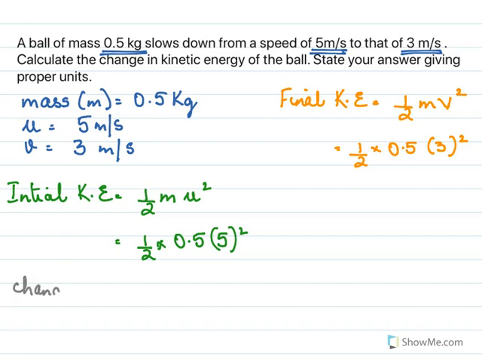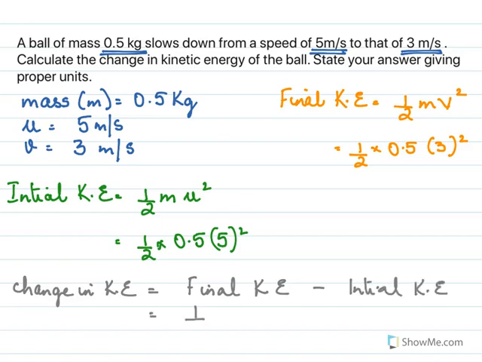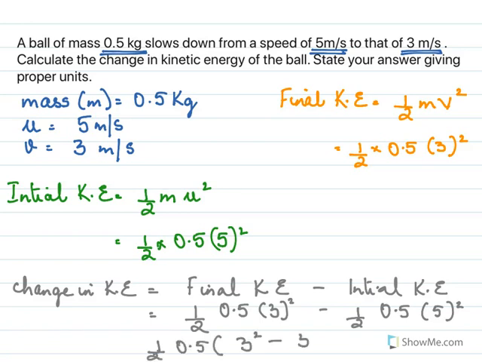Now to find the change in kinetic energy is final kinetic energy minus the initial kinetic energy. Final we saw was half m v square, initial half m u square. Now we can take half, 0.5, common out. What will remain inside is 3 square minus 5 square.